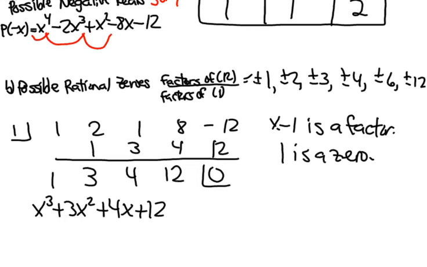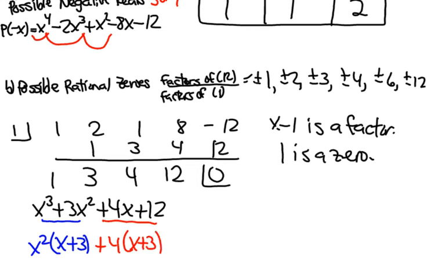Again, 4 terms. This problem, unlike the previous example, looks like I can factor by grouping. Well, let's check. I should be able to factor out what? An x squared here. That leaves me with x plus 3. And then from these 2 terms, I can factor out a 4. Ooh, and it's also x plus 3.